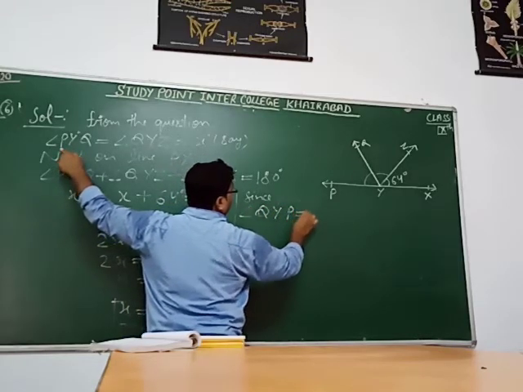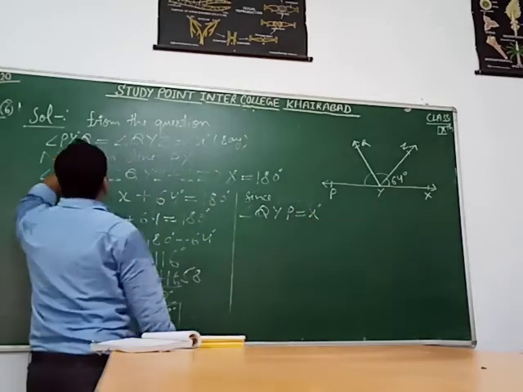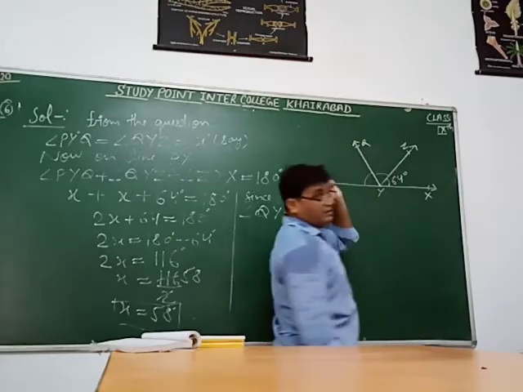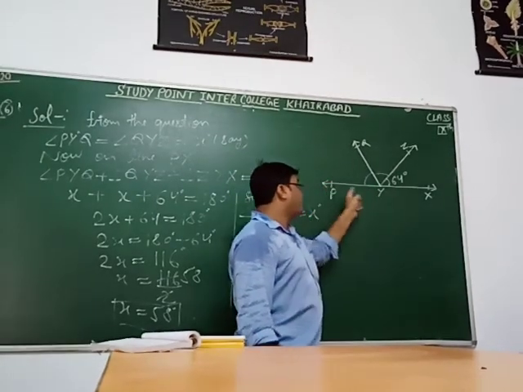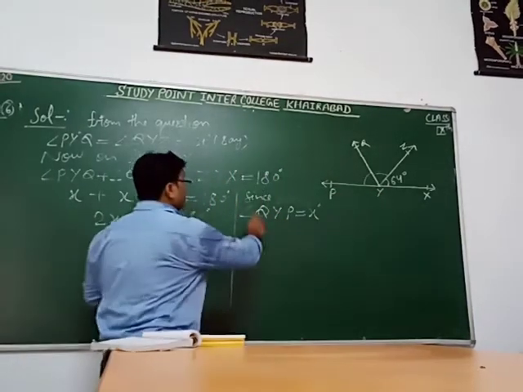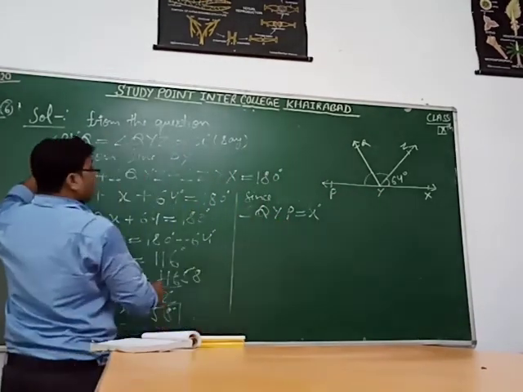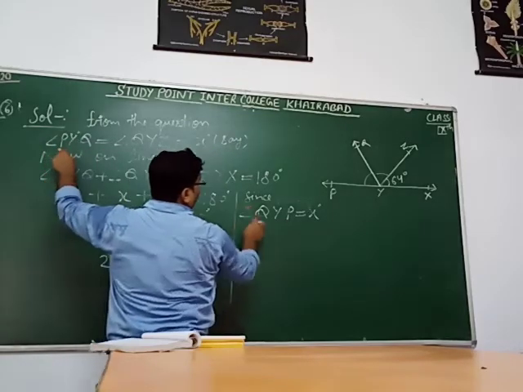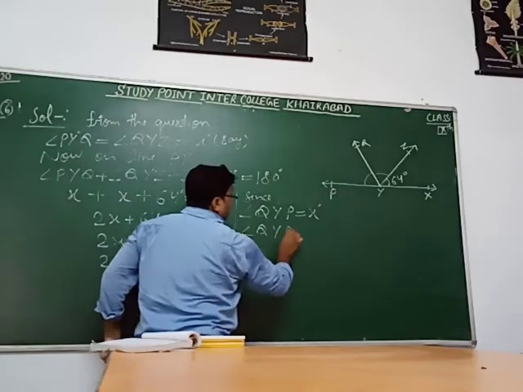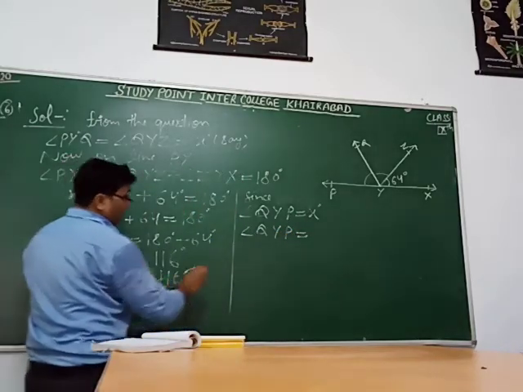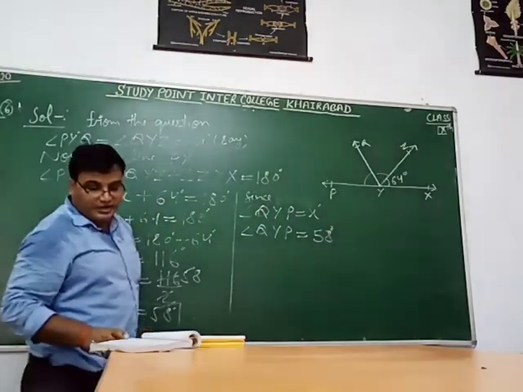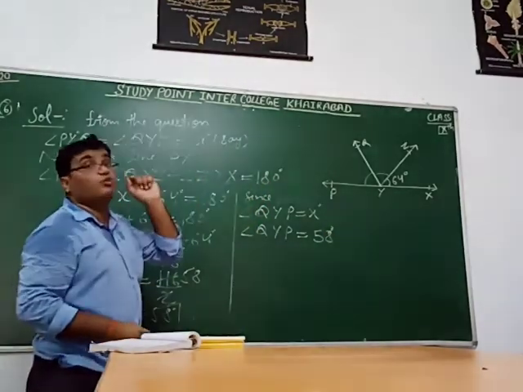PYQ or QYP is the same angle, keep this in your mind. So QYP is x, and we have found it to be 58 degrees. We have to find reflex QYP.